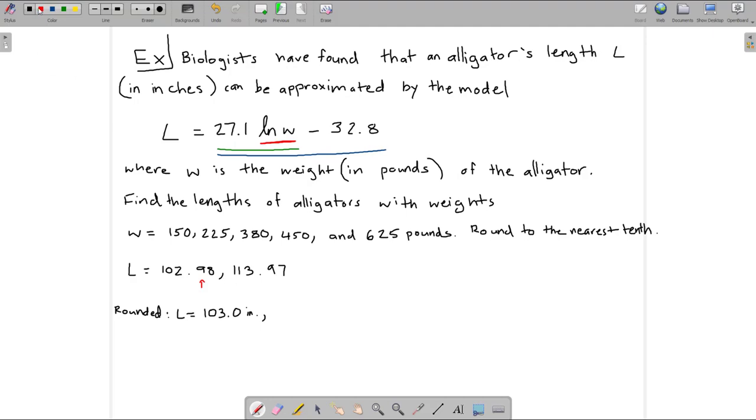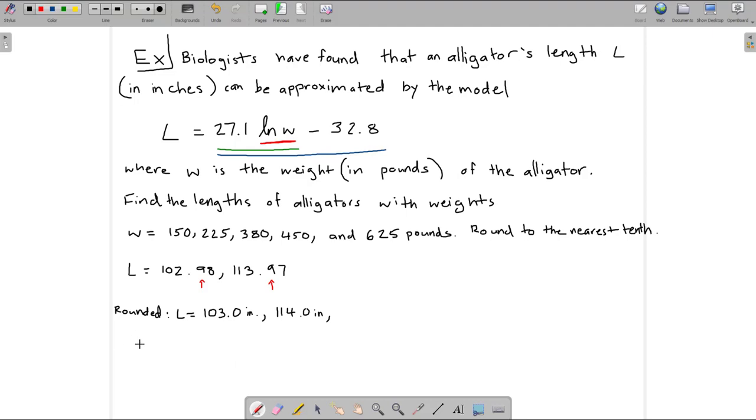Once again, we have the same sort of problem here. We want to round to the nearest tenth, this position. We look at the next number, and it's a 7, so that means we round up once again. So I have to take this up to 114.0. Alright?